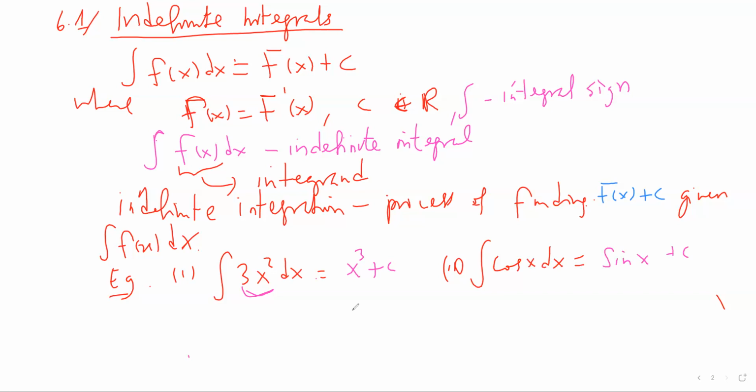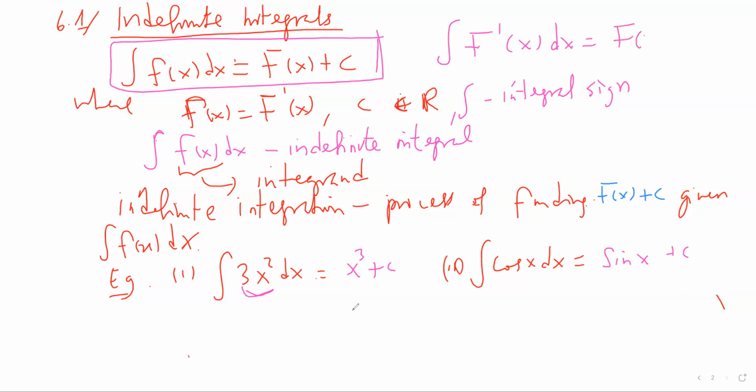Because of this that we are using, which is the same as the integral of the derivative F prime of x dx is equal to F of x plus c. So the derivative is given under the integral sign, and the function itself is given as the result.